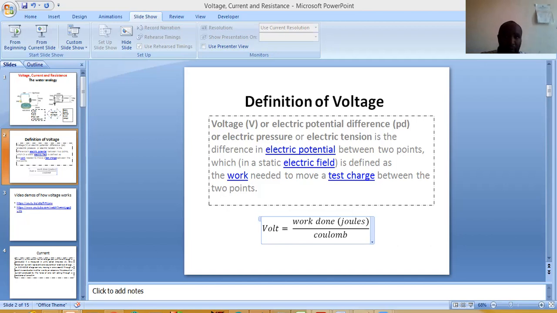When you talk of resistance, you are talking of opposition to flow of charges. If you are talking of conductance, you are talking of how easily charges flow through a conductor. So it's two same things looked at from different perspectives.